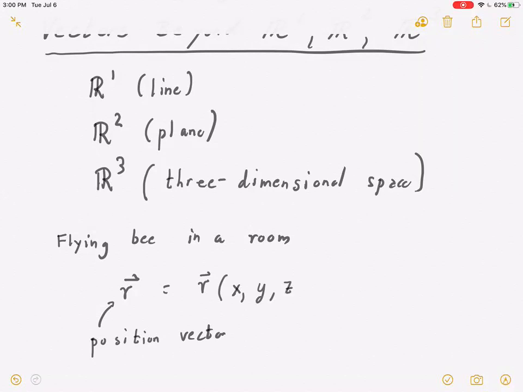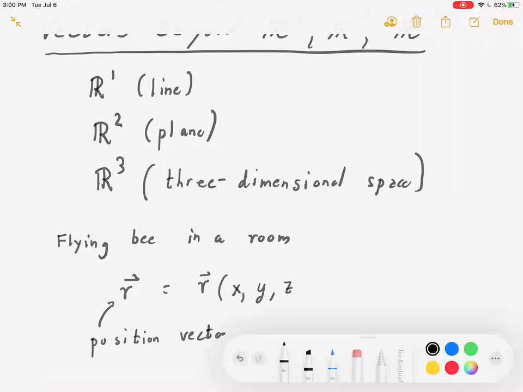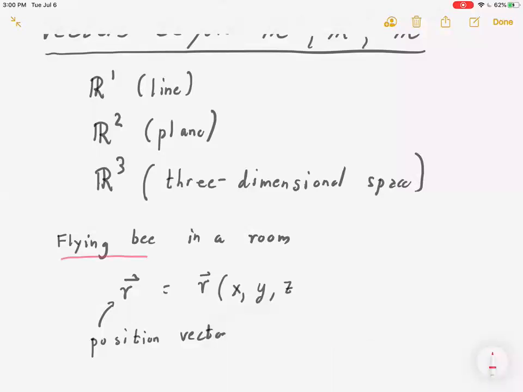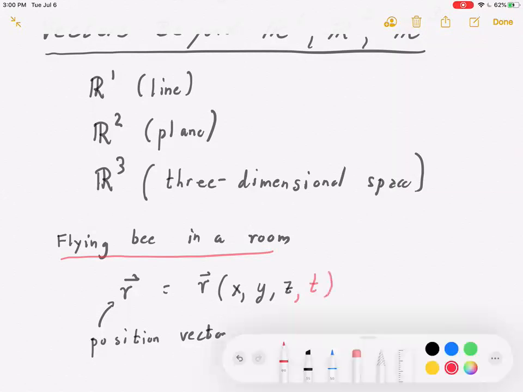but you have a problem here. This bee is not stationary. This bee moves. So its position will also depend upon time, lowercase t.